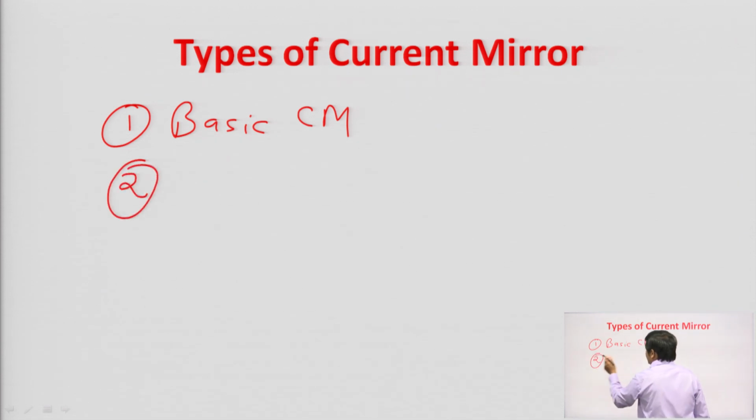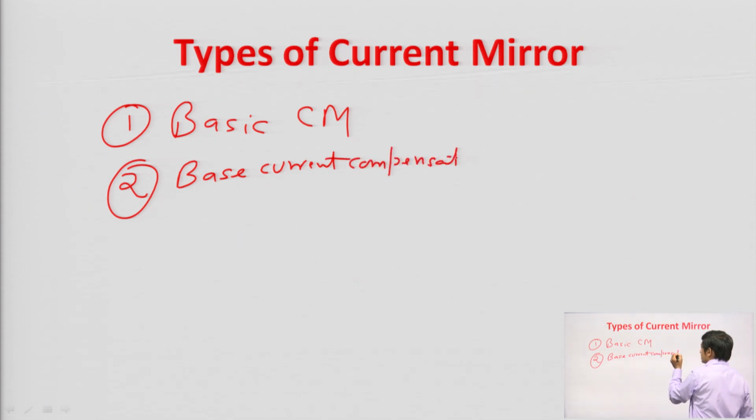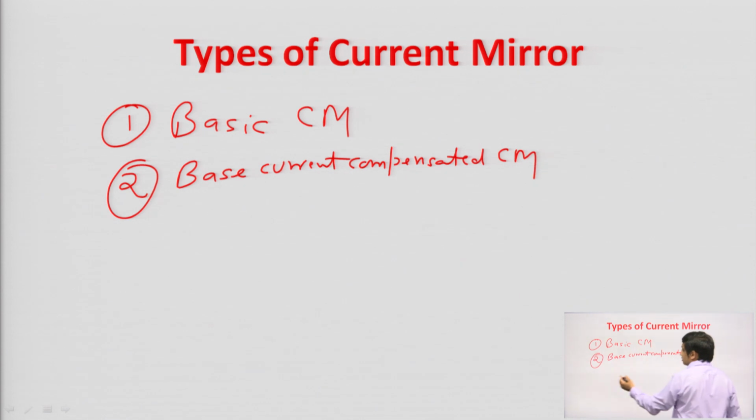Then there is some problem associated with the basic current mirror. To remove this problem, various current mirrors have been proposed in the literature. One is the base current compensated current mirror.